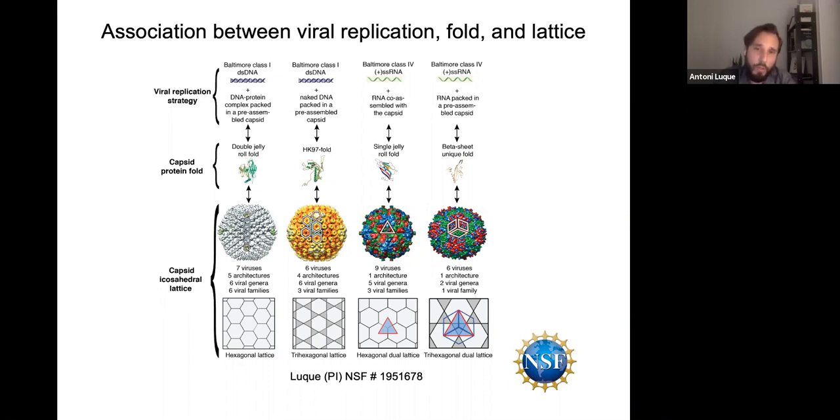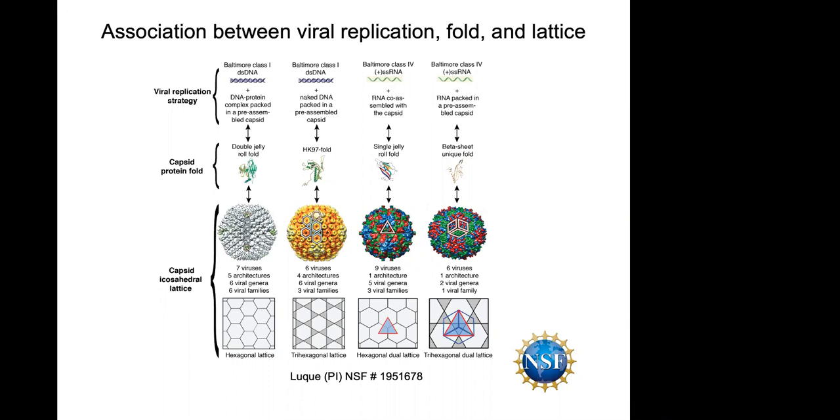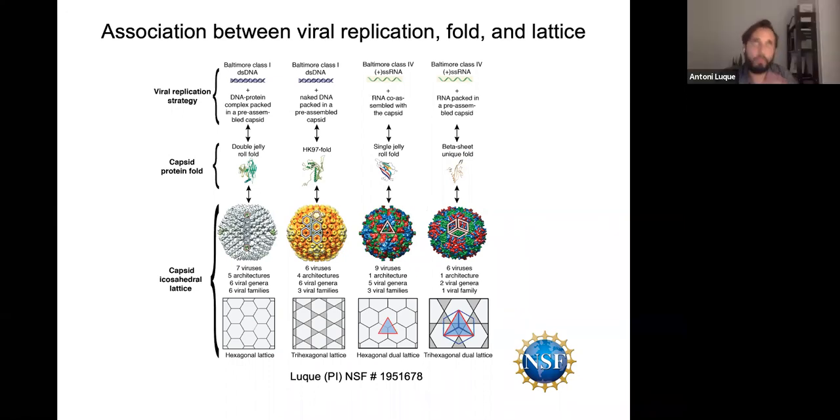And we have some examples that show nicely that as soon as you pack the genome in a different way, your strategy to assemble the protein in the capsid is also different. So that's where we're going. But yes, it would provide a structural angle to what they have proposed in their megataxonomy.